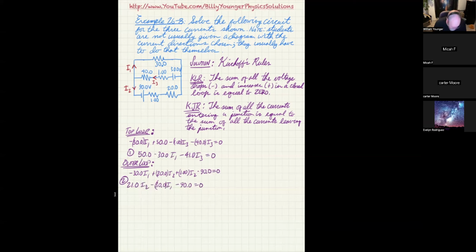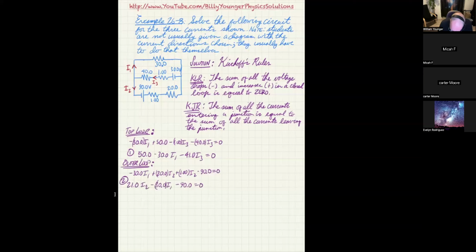So what I now notice that I can do is I have an I1 in equation 1 and equation 2. So if I solve equation 1 for I3 and solve equation 2 for I2, then I can replace I2 and I3 with something about I1 in a junction equation, which brings me to Kirchhoff's junction rule. I'm going to take this one. Of course, you could have done this one.